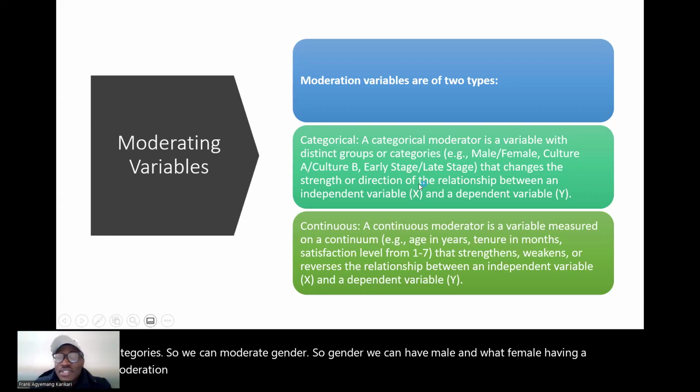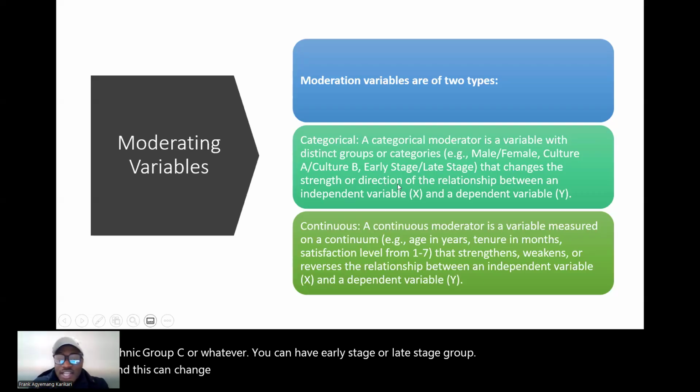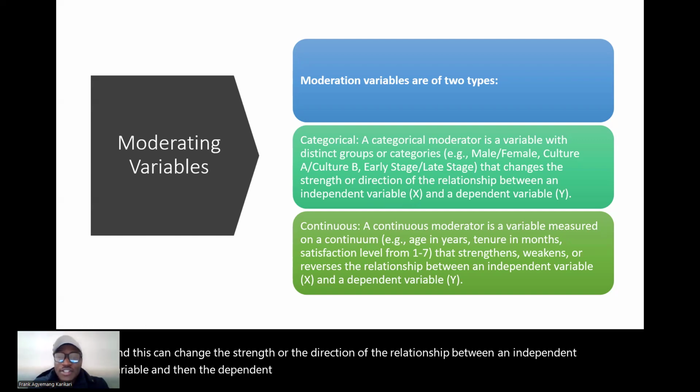We can have culture A and culture B, ethnic group A, ethnic group B, ethnic group C, or whatever. We can have early stage or late stage groups. And this can change the strength or the direction of the relationship between an independent variable and the dependent variable. So the first one is the categorical, where you group them into distinct categories or groups.